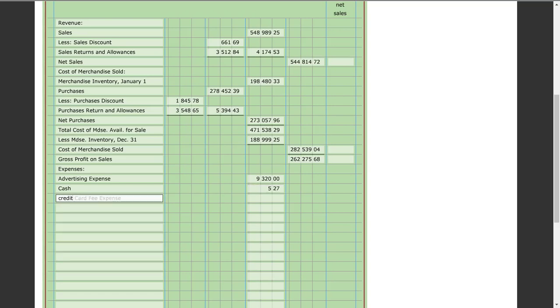No, alphabetical order. Oh, I'm on the wrong one. Oh, cash short and over. I have a typo. Thank you. Found it right there. No, it's right there.